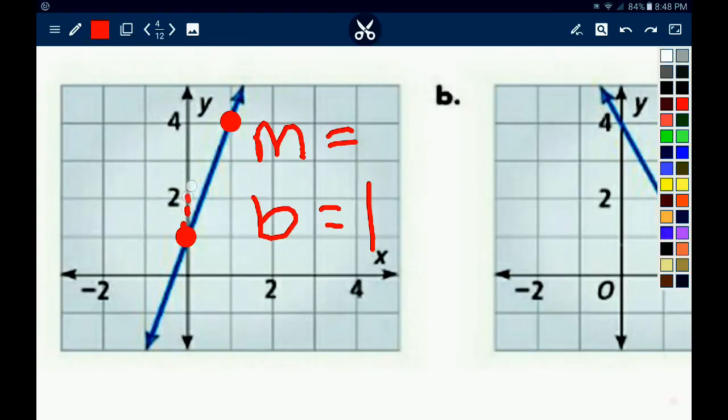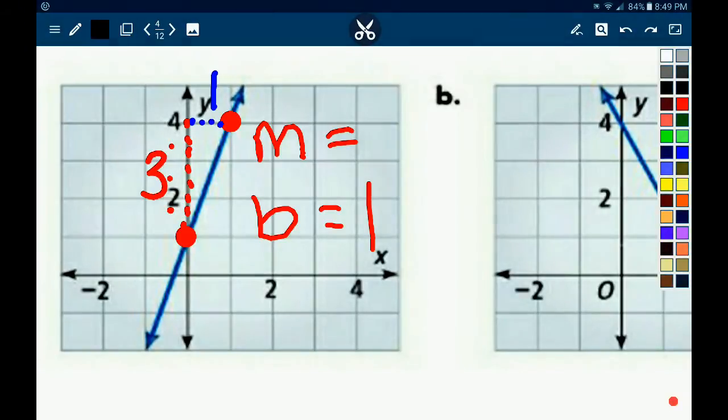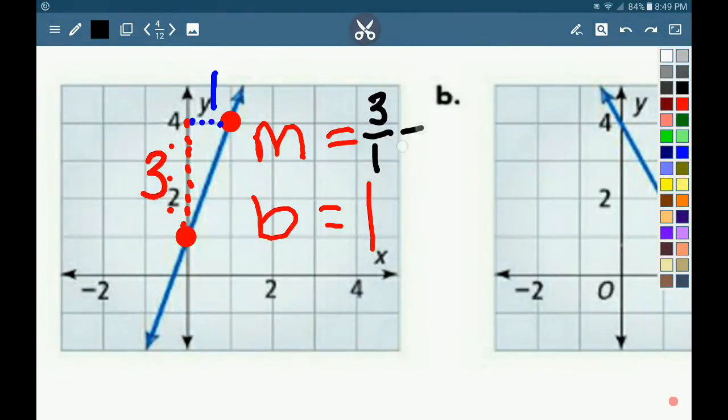My rise is going to be 1, 2, 3 units. My run is only 1 unit. So my rise over run is going to be 3 over 1, or just 3.